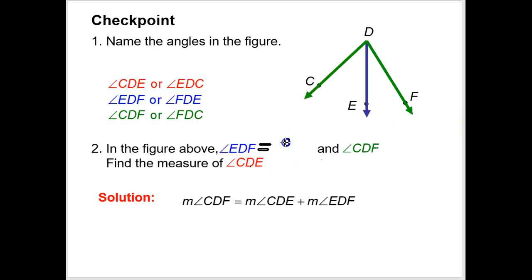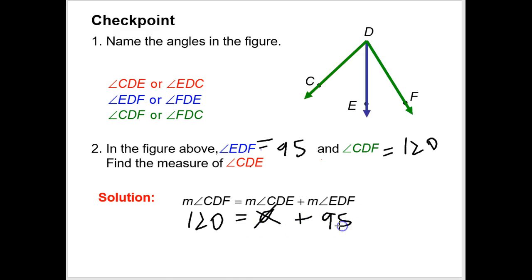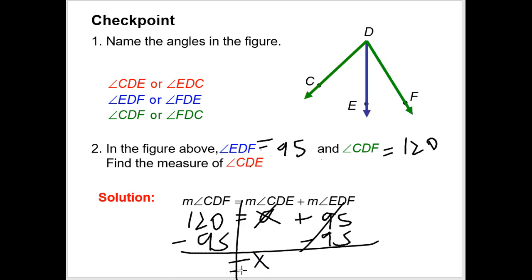EDF was 95. And this was 120. Minus 95, minus 95, boom, x equals 25. 25 degrees.